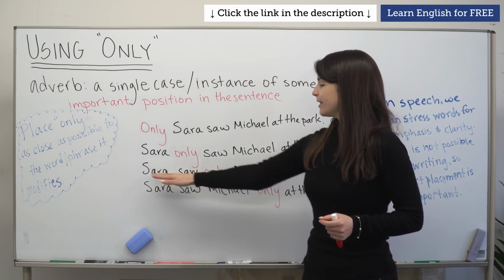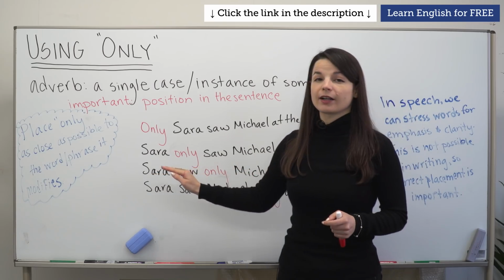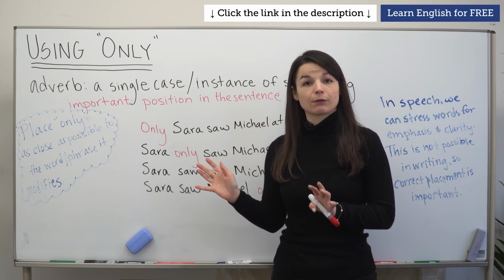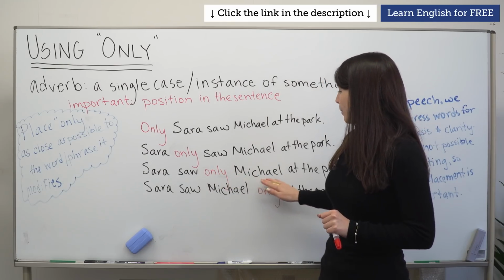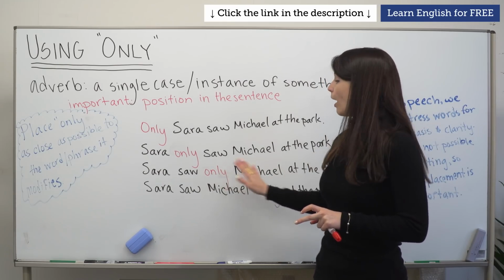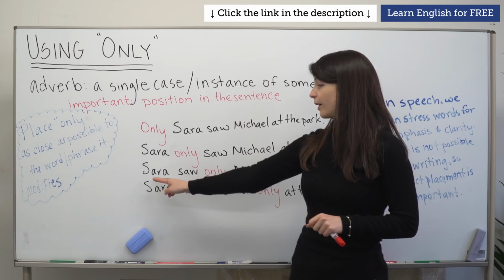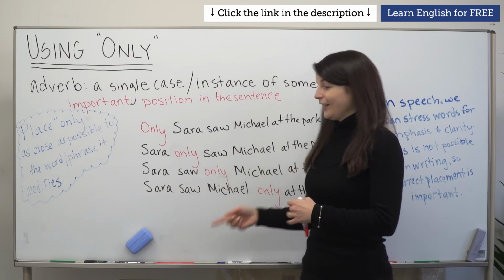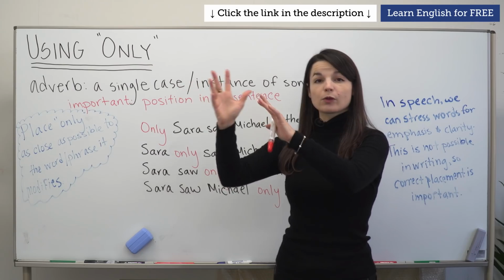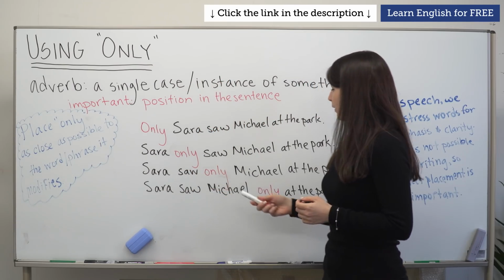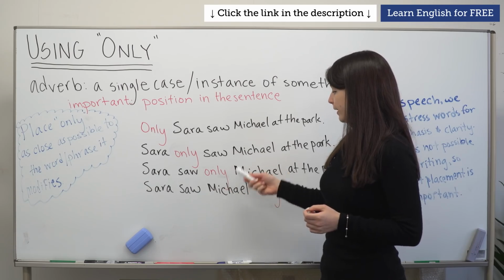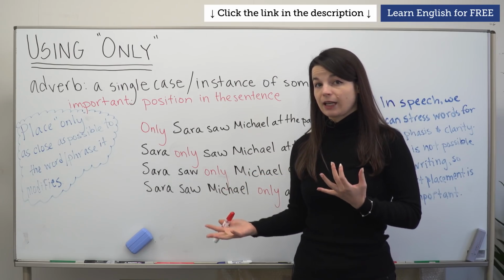So this sentence is a little bit tricky. It's a little hard to understand exactly what the writer wants to say, but it could mean that there were perhaps no other people at the park that Sarah saw. So she went to the park, she saw only Michael. There was only one person, a single person. It was Michael that Sarah saw. So placing only before, in this case, Michael, gives us this meaning.